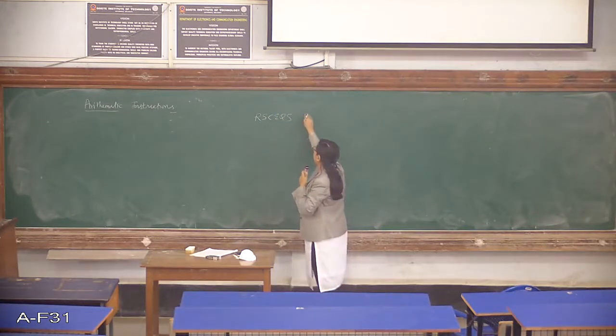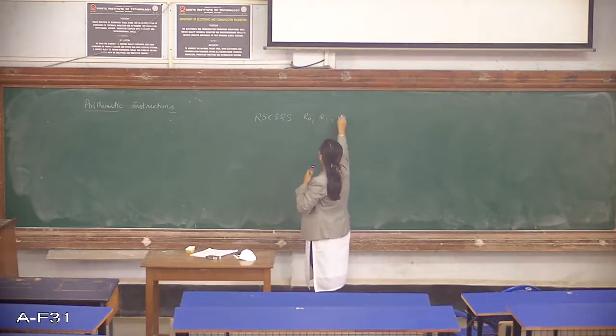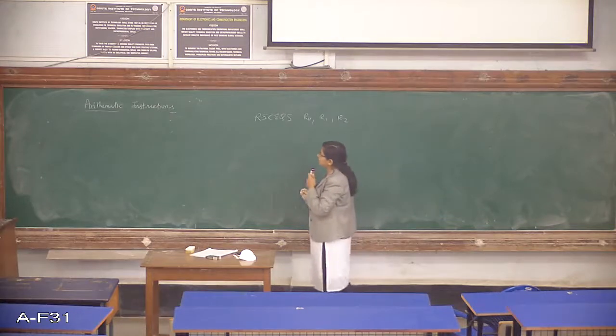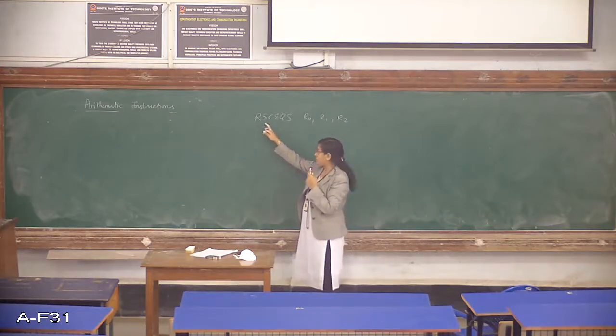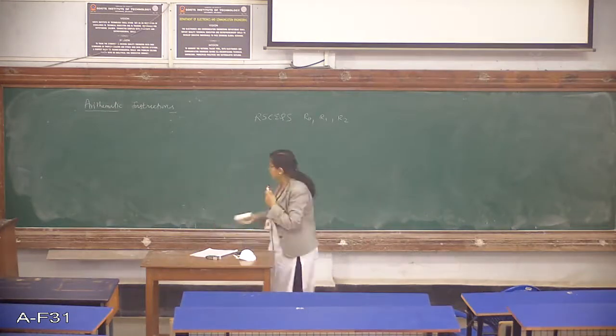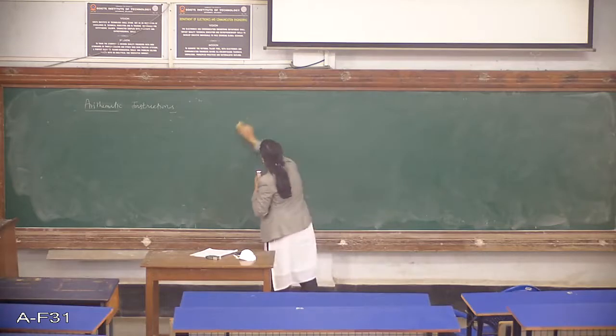I can write it like this, R0, R1, comma R2. So you can understand what this is. This is reverse subtraction with carry, check the condition and affect the status flag. So you can have this type of instruction with a condition as well as the status flag.